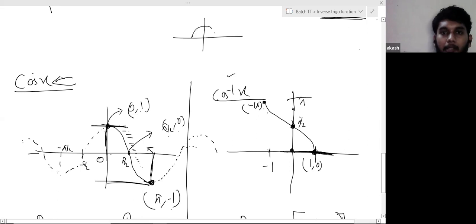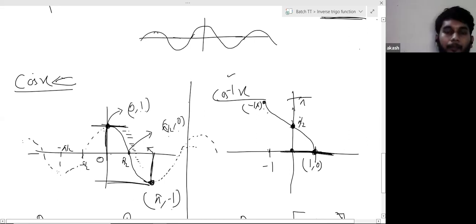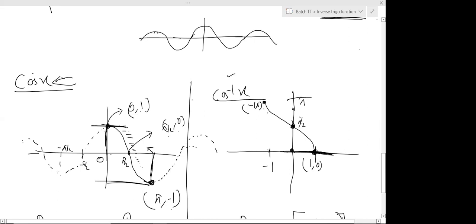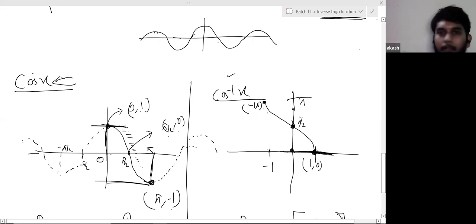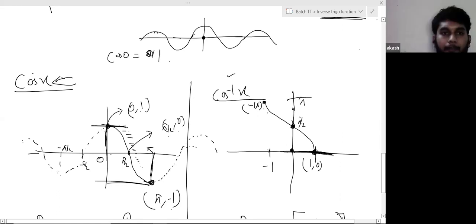Remember the cos graph like this. Does it pass through the origin, like sin x? No, that doesn't pass through the origin, because at 0, cos 0 is not 0. Cos 0 is 1.